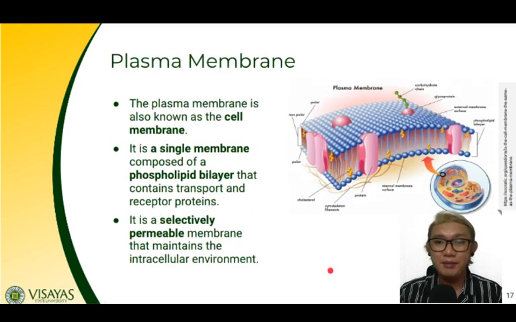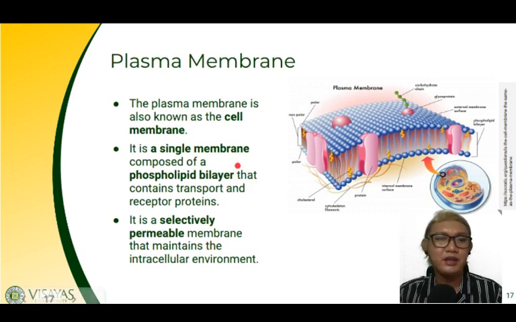The plasma membrane is also a cellular component. The plasma membrane is also known as the cell membrane. It is a single membrane that is composed of a phospholipid bilayer that contains transport and receptor proteins embedded on it.